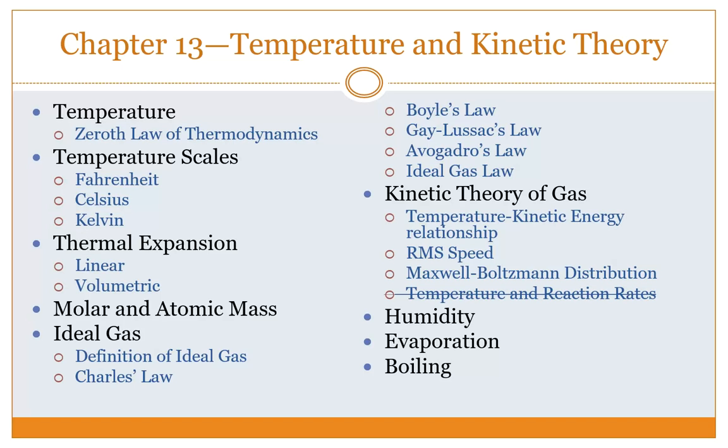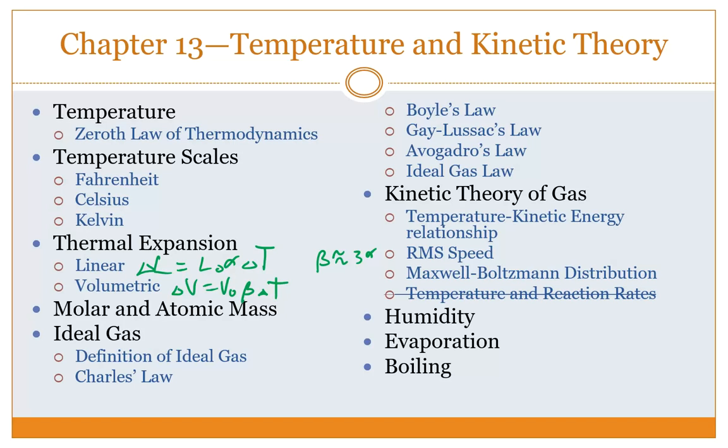So we had two equations for thermal expansion, one linear, one volumetric. Delta L is equal to L0 alpha delta T, or delta V is equal to V0 beta delta T, where beta is approximately equal to 3 alpha. And in class, I actually talked about the geometry, I think. I did it at some point.